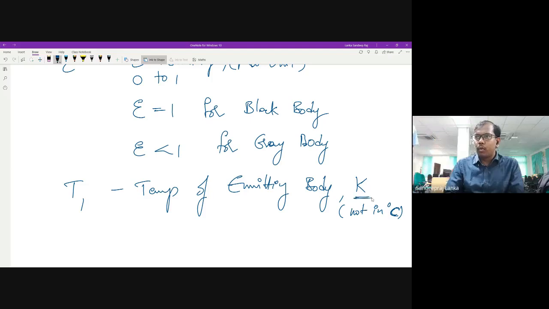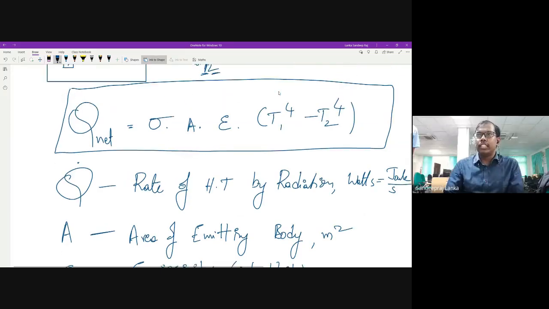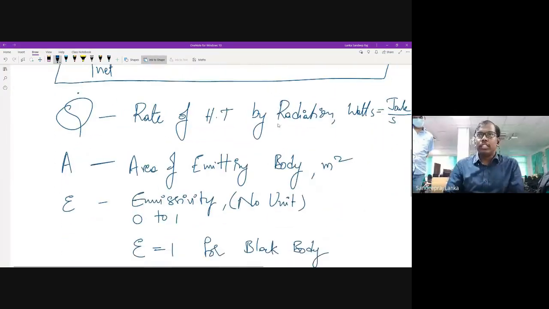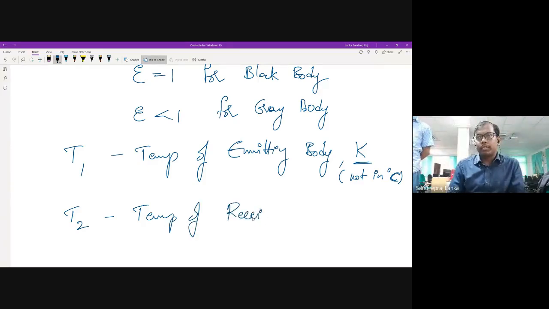It should be taken only in Kelvin, because here you are not considering the delta T. If you are considering the delta T, plus 273 and minus 273 will get cancelled. Whereas in this equation, you don't have that. You have T to the power 4. So in SI units, it should be Kelvin. Then you move on to T2. It is the temperature of the receiving body.